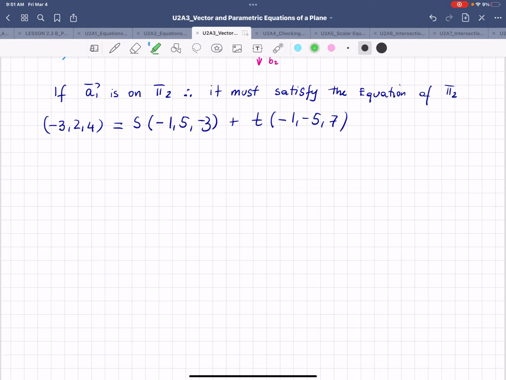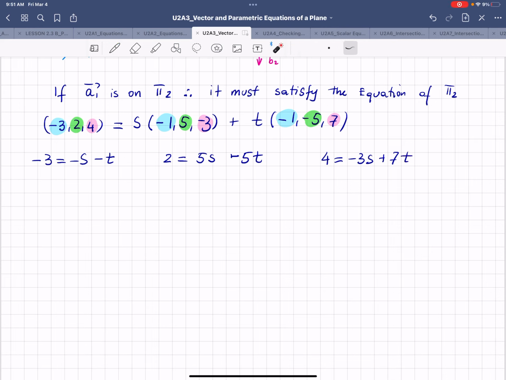So let's get started. So here we have the x coordinates. So we have negative 3 equals negative S minus T. The next one is the y coordinate, which must be 2 equals 5S minus 5T. And lastly, we have the z coordinate, which must fit in the parametric equation 4 equals negative 3S plus 7T.